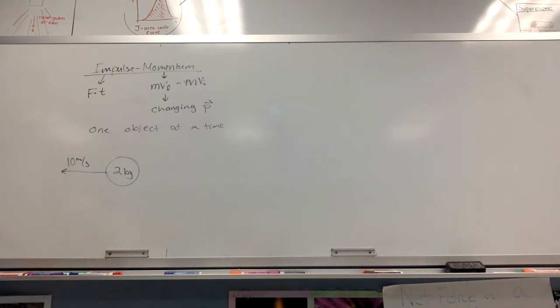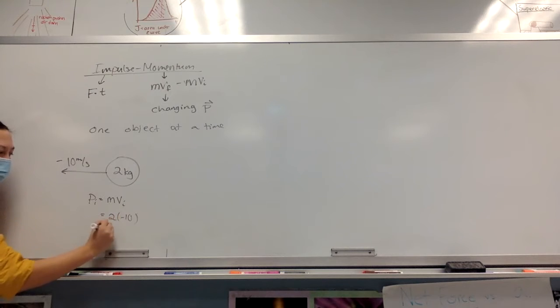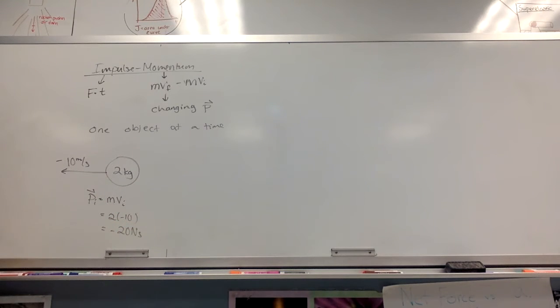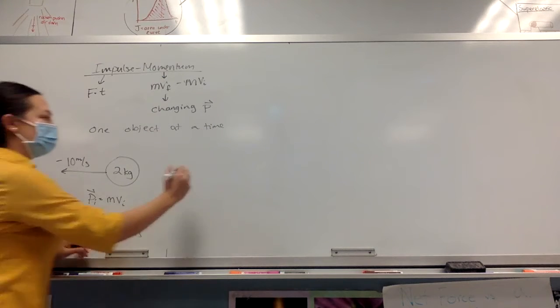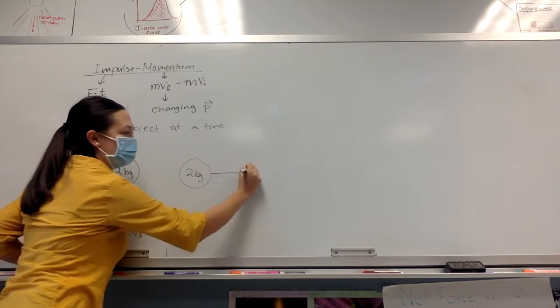But it's 10 meters per second to the left, which means what? Negative, cool. So its initial momentum is mass times velocity. So that's 2 times negative 10. Its initial momentum is negative 20. Now, since the racket is not part of the system, since you're only thinking about the ball, the ball gets hit back and changes direction.